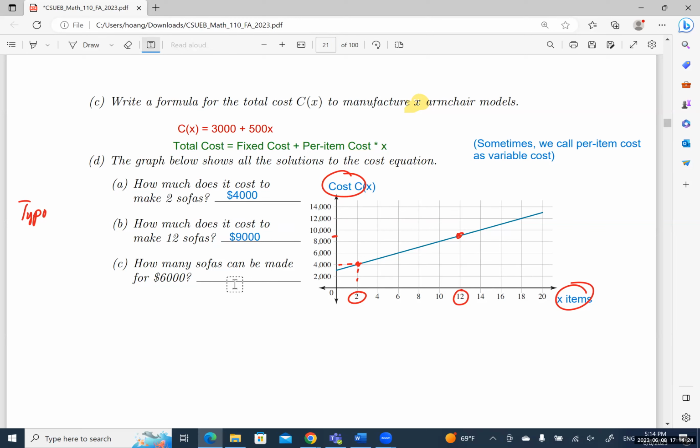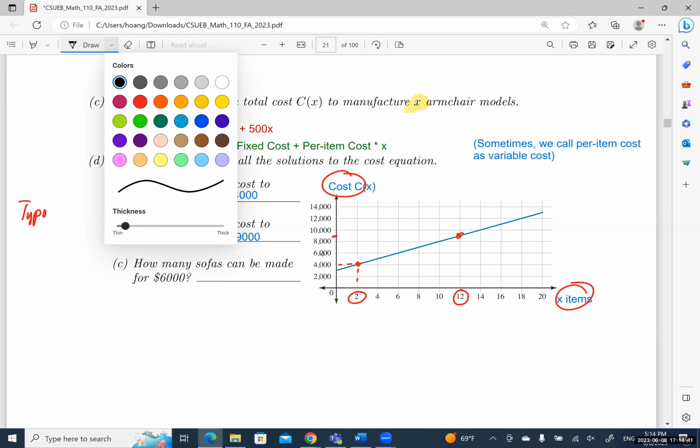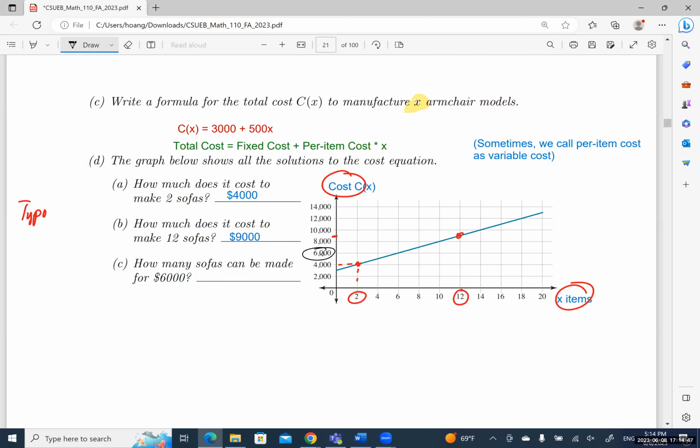Inversely, if you want to know how many sofas can be made for 6,000, then you look at the side of the cost, right? Look for the 6,000. Okay, 6,000 here. You map it to the graph and look for the corresponding sofas. So you will have about 6 sofas. Okay.